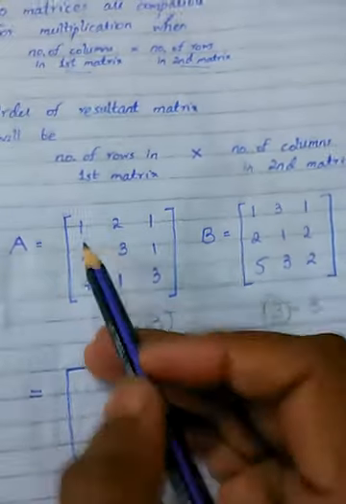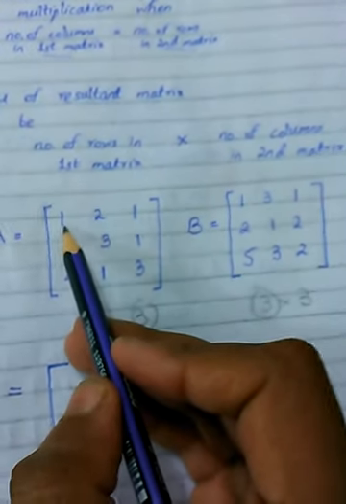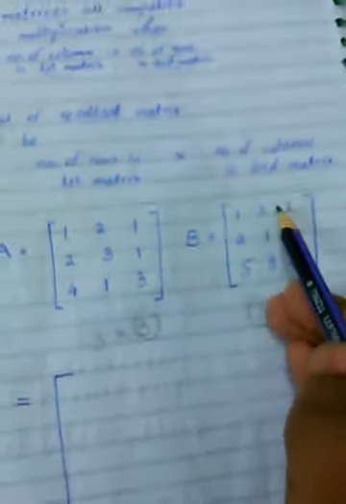What will be the procedure of multiplication? Each row of the first matrix will get multiplied by each column of the second matrix.